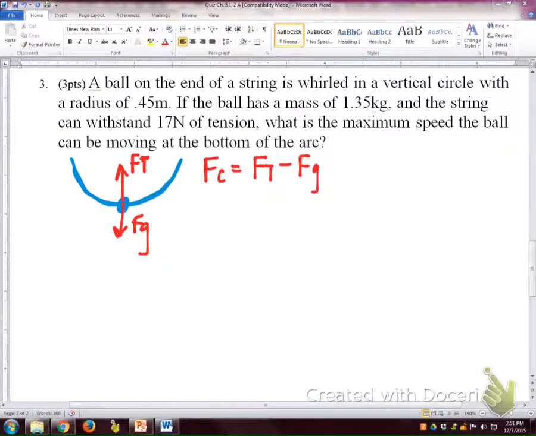So it tells us in our problem that we can withstand 17 newtons of tension. Okay, that means F sub t we know is equal to 17. We know that F sub g is equal to mass times 9.8.